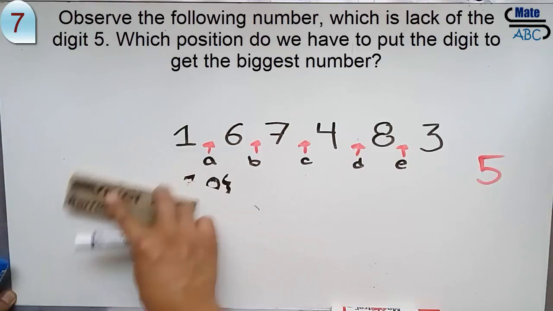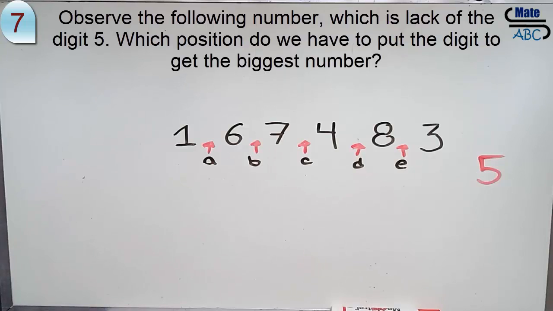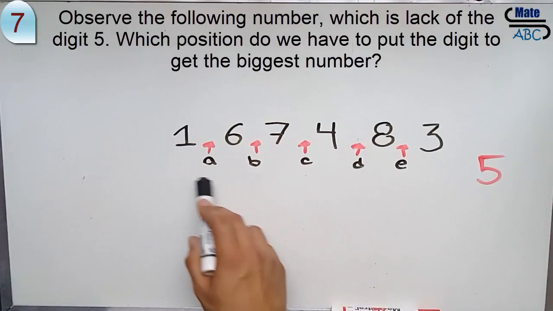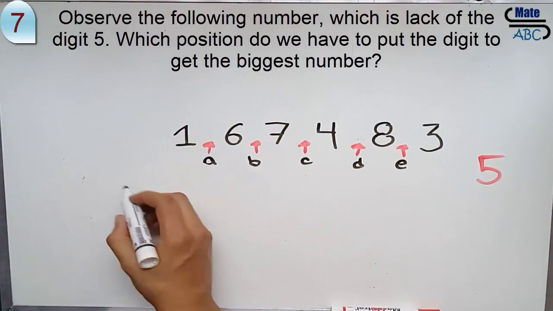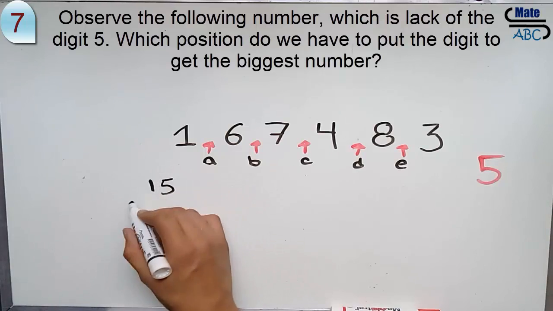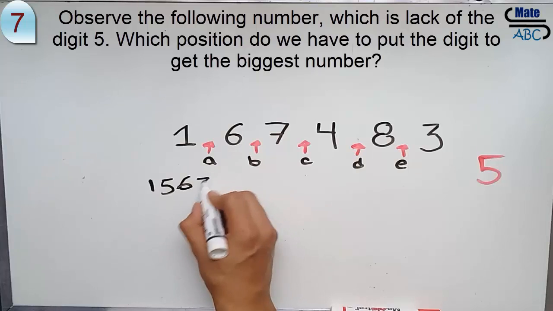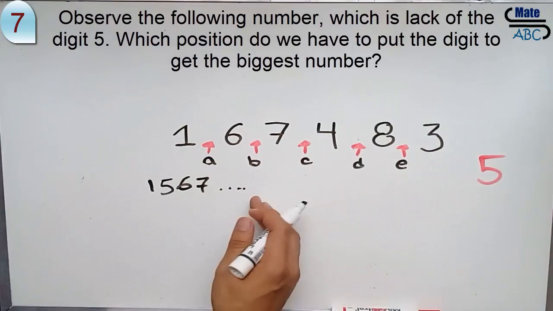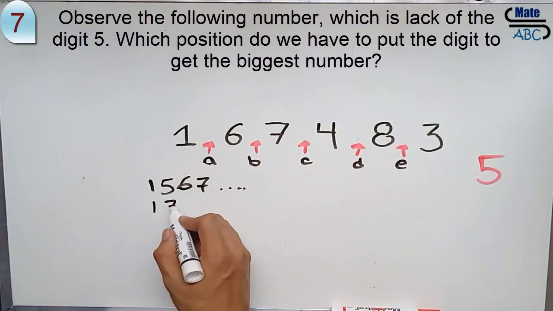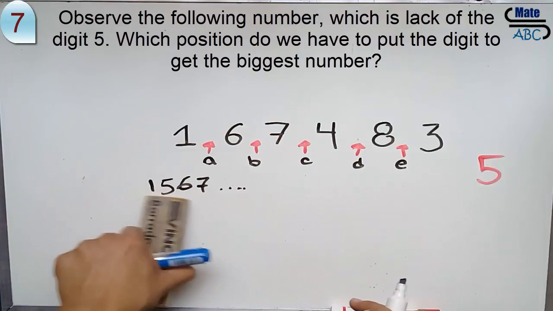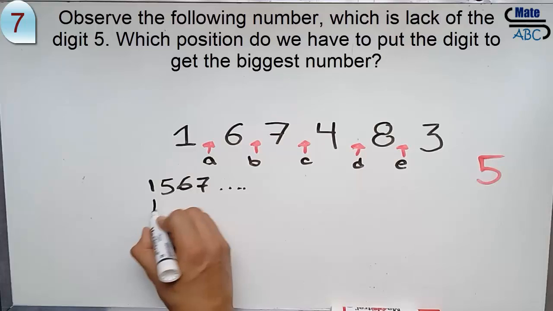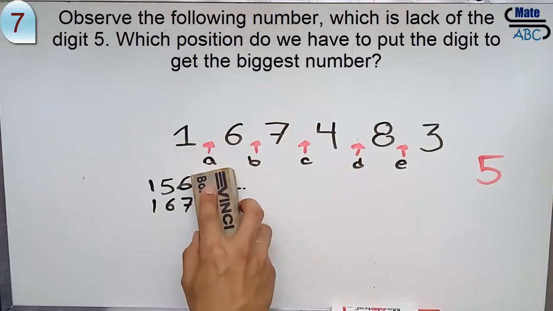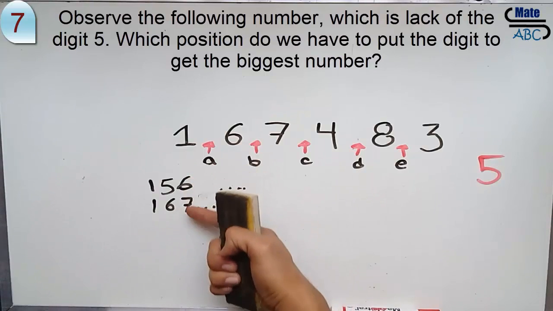How can we apply this to the problem? Well, that 5 we can put it in the A position, but then we have 1, 5, 6, 7, etc. But if we put it in other position, we can have 1, 6, 7, etc. But eliminating this digit, which number is greater?